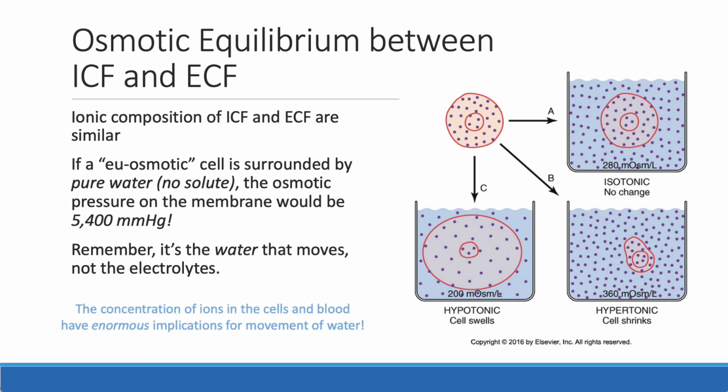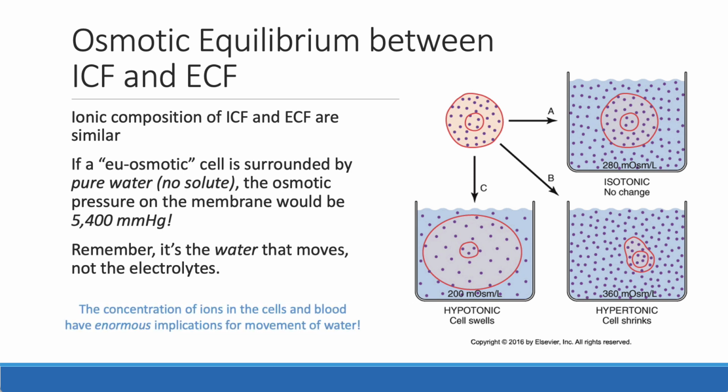To start with, you should know that this is a hugely powerful mechanism. The concentration of ions in fluid is very, very powerful. So much so that if you take an isosmotic cell, just a normal cell that has the right concentration of potassium and sodium and calcium and all that stuff inside of it, glucose, take that and plop it into pure water, something that doesn't have electrolytes or anything, then that membrane would be exposed to 5,400 millimeters of mercury.